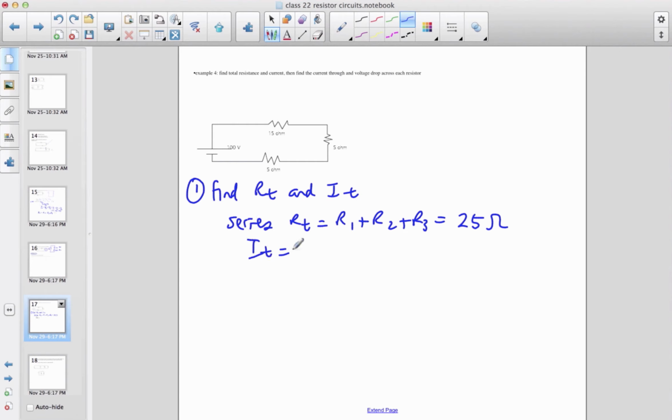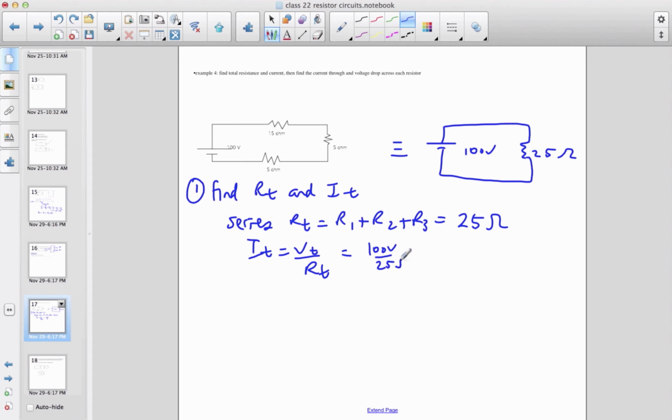Now for the total current, our 100-volt cell: that 100 volts is going to be lost across a total of 25 ohms. So our circuit is equivalent to 100 volts and a single 25 ohm resistor. The current is just 100 over 25, so we have 4 amps of current flowing from the cell. Now we can do our Kirchhoff reasoning, which means the voltage law and the current law.